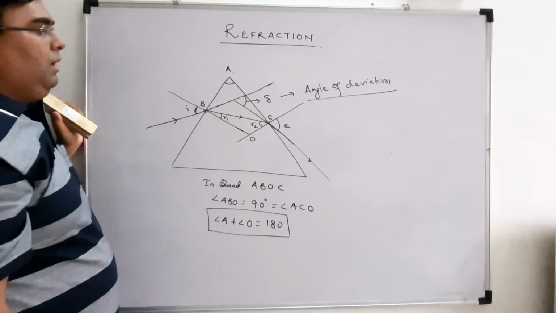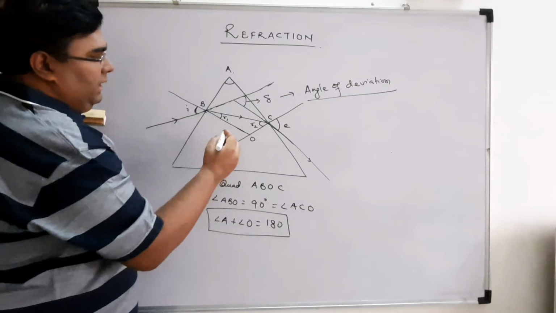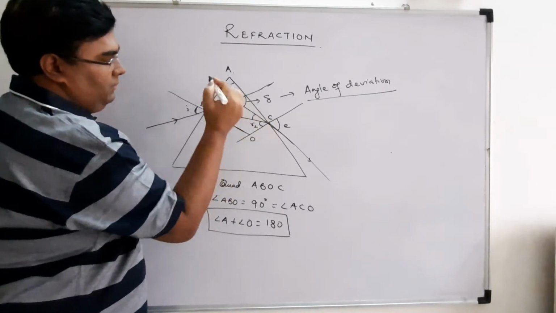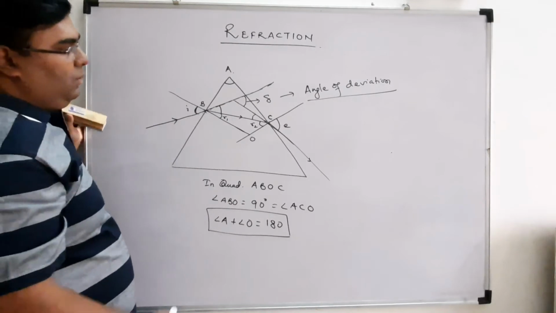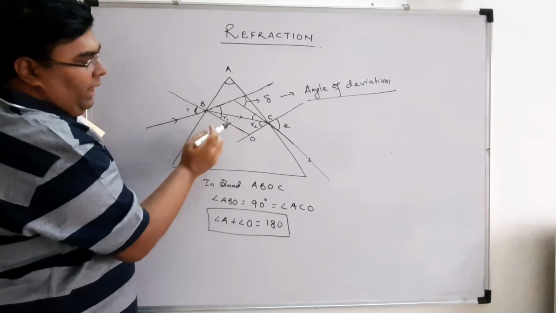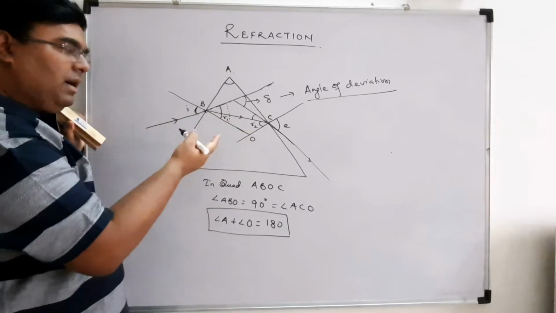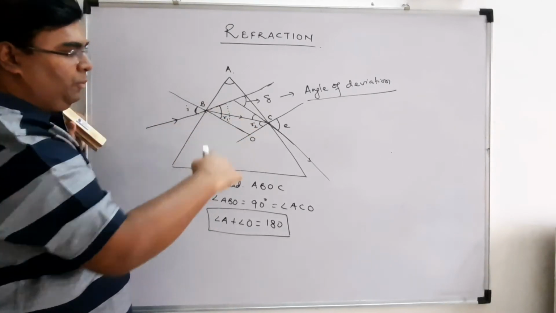Now next, if you look at this angle and this angle, what is this angle? See the whole angle. If you look at this dotted line I have made, the whole angle is I, because of vertically opposite angles.